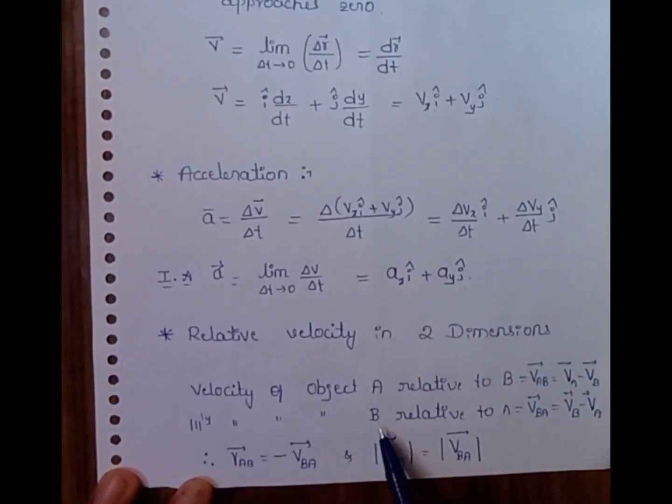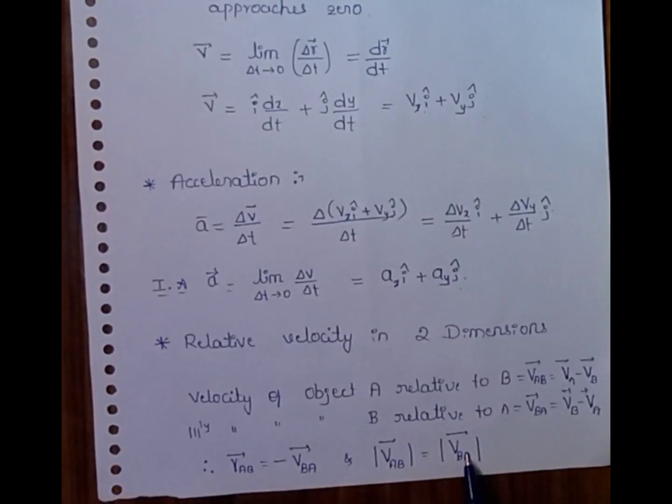Similarly, the velocity of object B relative to A is the reverse. Then VBA is equal to VB minus VA. Just by seeing this, VAB is equal to minus VBA, and the magnitudes of both quantities are equal to each other. This is the relative velocity.